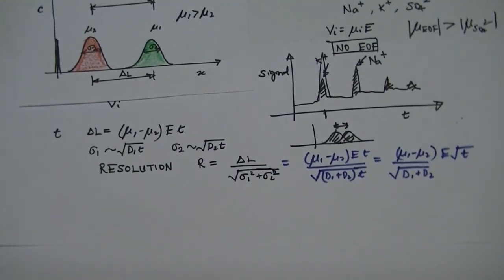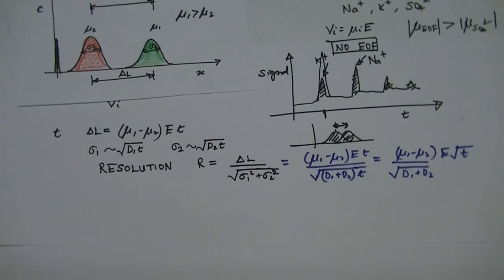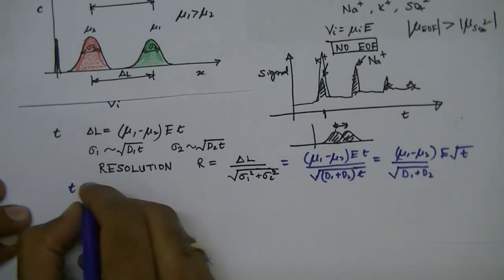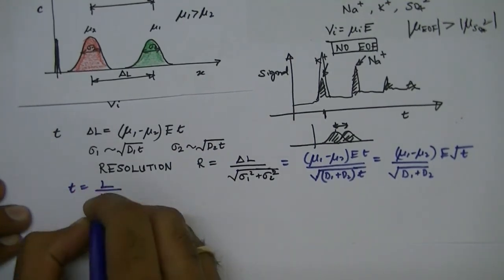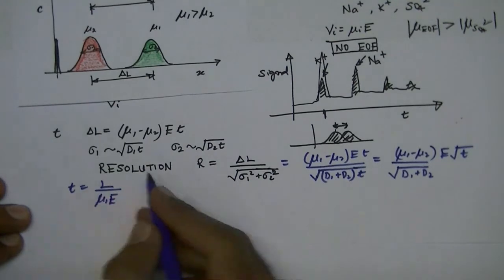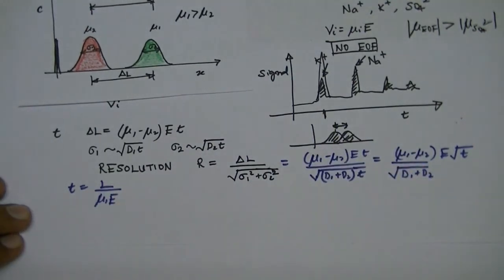So what is the typical time that this electrophoresis experiment will take? We can say that the typical time taken is the length of the capillary divided by the speed of the fastest ion, when the first peak actually reaches the detector. That is the typical time.